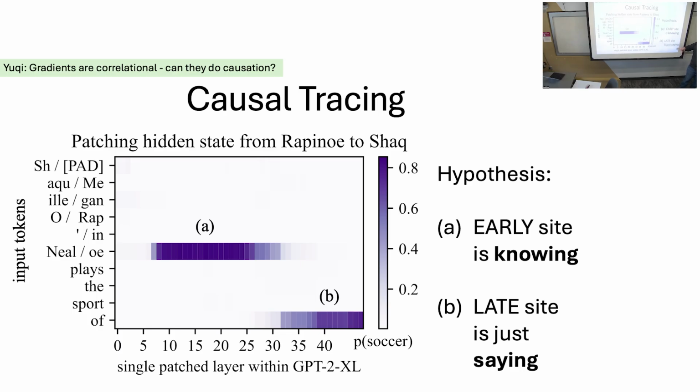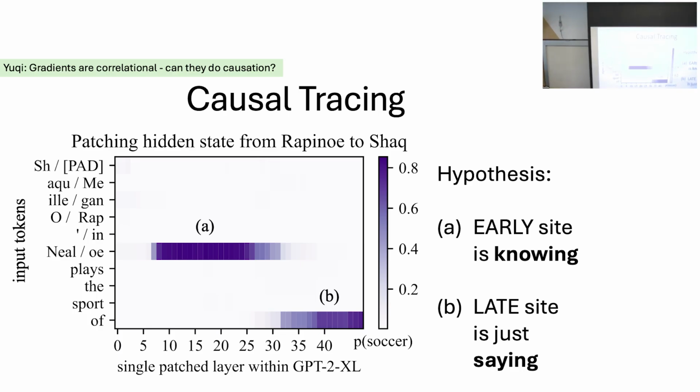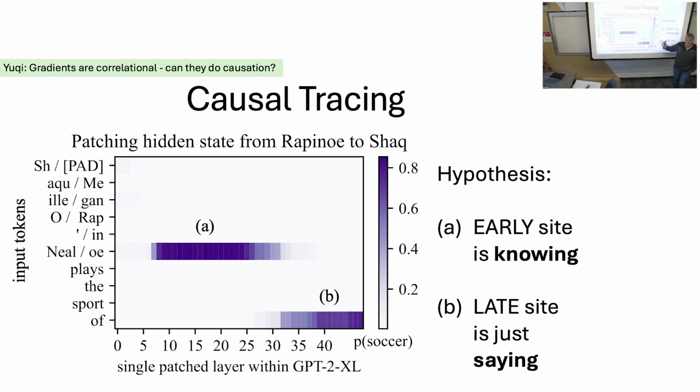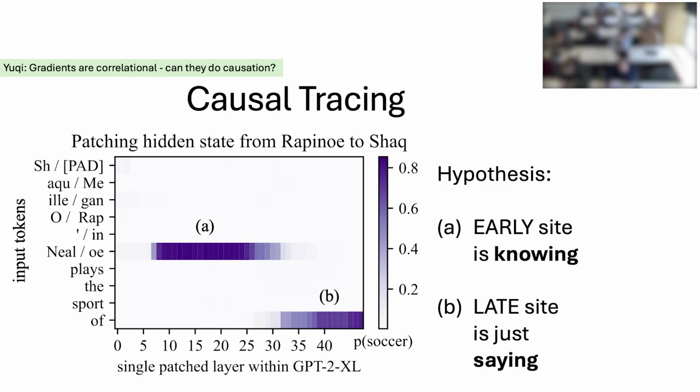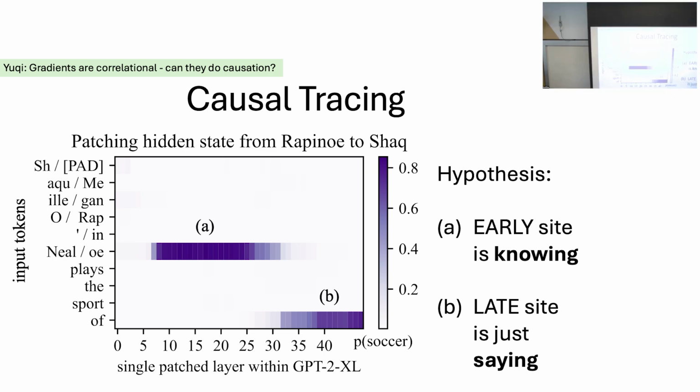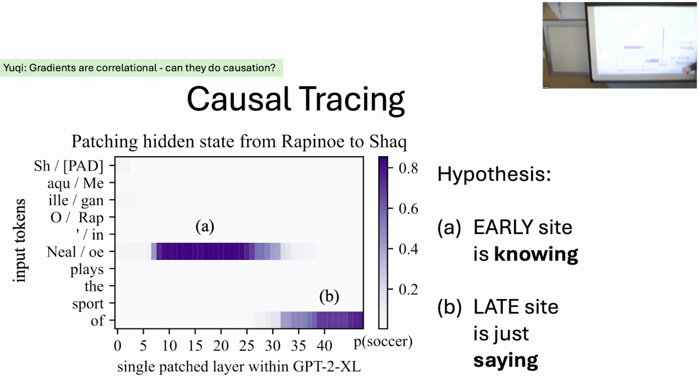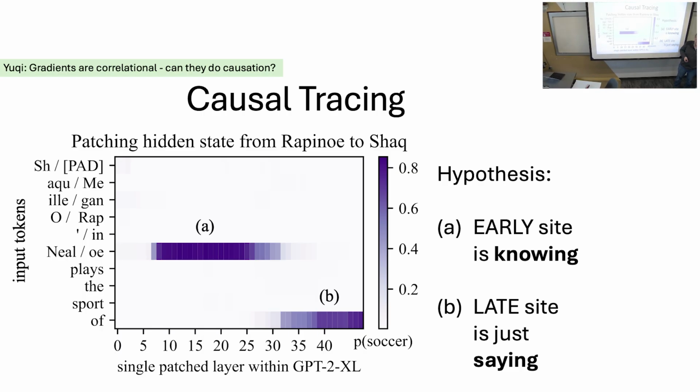That's the analogy between the gradient signals that you read about sometimes and these causal experiments. If you run gradients through the network and you set it up the right way, you can get similar heat maps that sometimes show you the same directional effects as a causal experiment, but often they'll show you different effects. It depends on how you set it up.